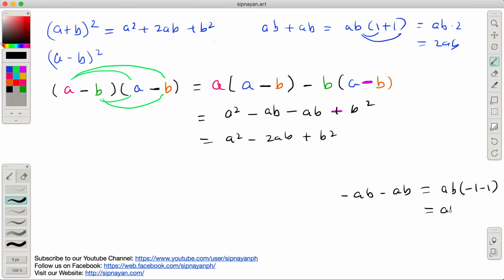So, this is AB times negative 2, which is negative 2AB. Kaya siya nandito. Okay, so, sabi nyo medyo malabo, yung minus, saka yung negative.